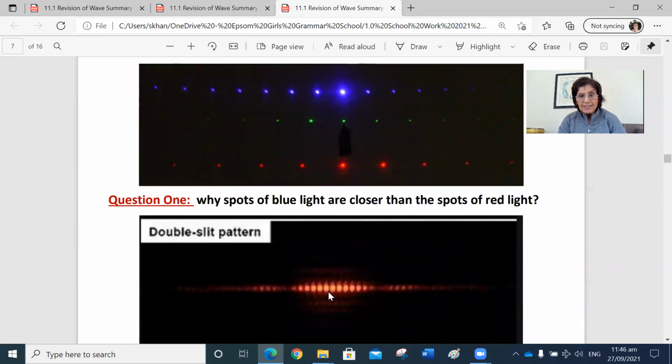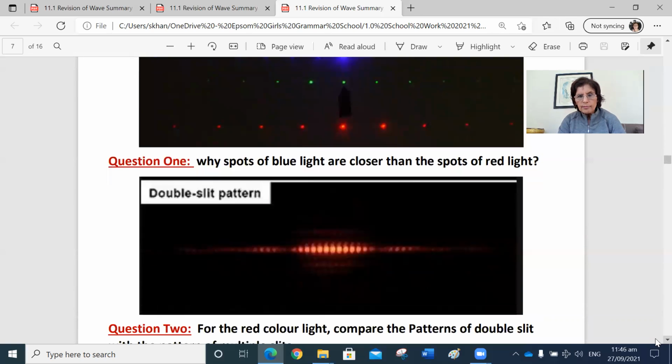With the double slit pattern, these dots are very close to one another. That's why we use the formula n lambda is equal to xd over L, and for this one, n lambda is equal to d sine theta. Another thing you can notice is that these dots will be brighter as compared to these, and they're further apart as compared to the double slit pattern.